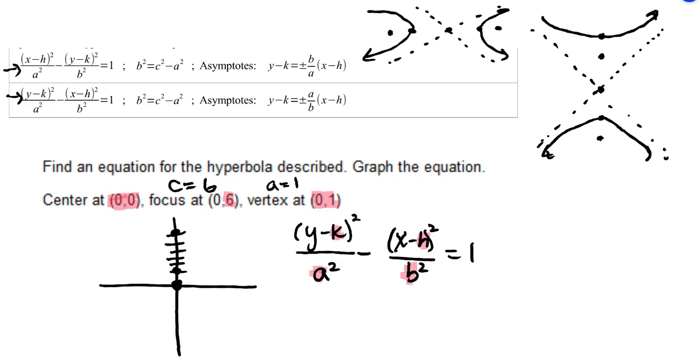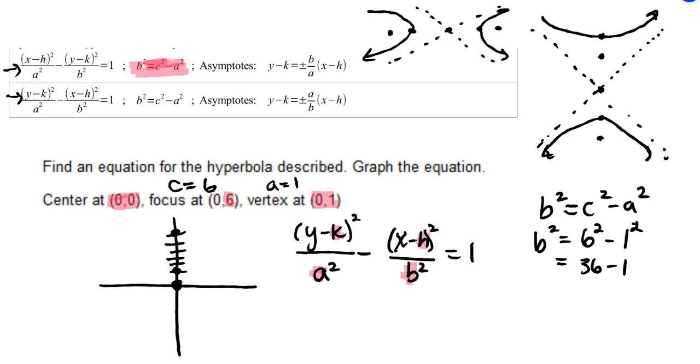So then finally I can find the value of b by using this equation that involves the Pythagorean theorem. I can use b squared equals c squared minus a squared. b squared equals 6 squared minus 1 squared.